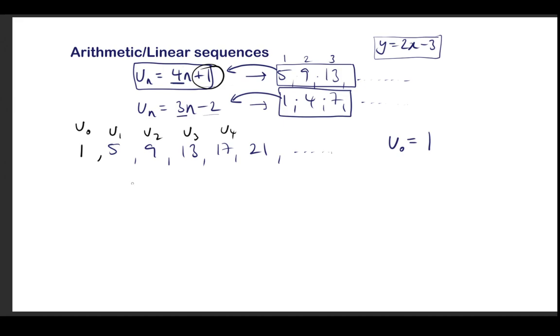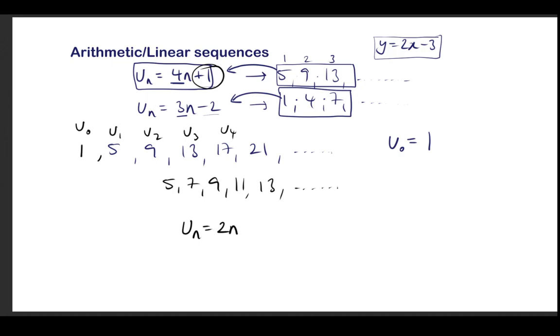So what I'm trying to say is this. If you want to work out the formula for a sequence, let's do a new one. 5, 7, 9, 11, 13 and so on. Can you see that the differences between the numbers is 2? So that tells you that the formula must have 2n in it.